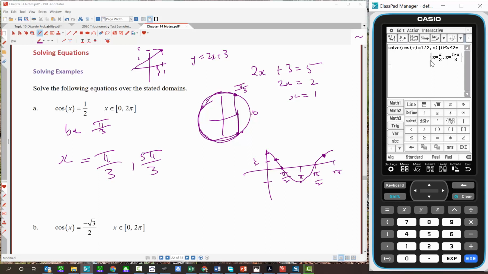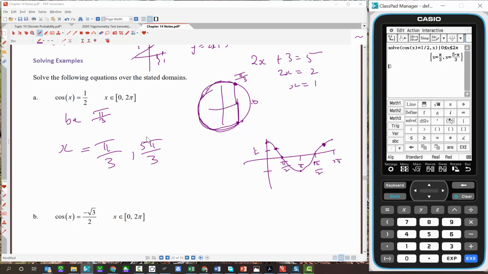And there we go, we've got the two solutions over the restricted domain. So the calculator has the area to look, and it goes, okay, over that domain specified, these are the only two solutions, or the only times where cosine is going to equal a half. Okay, so you can check your answers quite easily with a calculator.